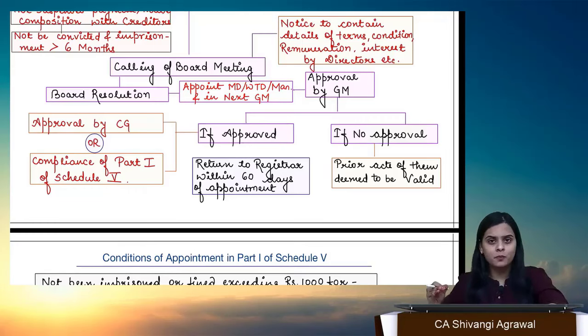If they are employed for part of the year, more than or equal to 8.5 lakh per month, right? So all these details are also needed. These are disclosure requirements.